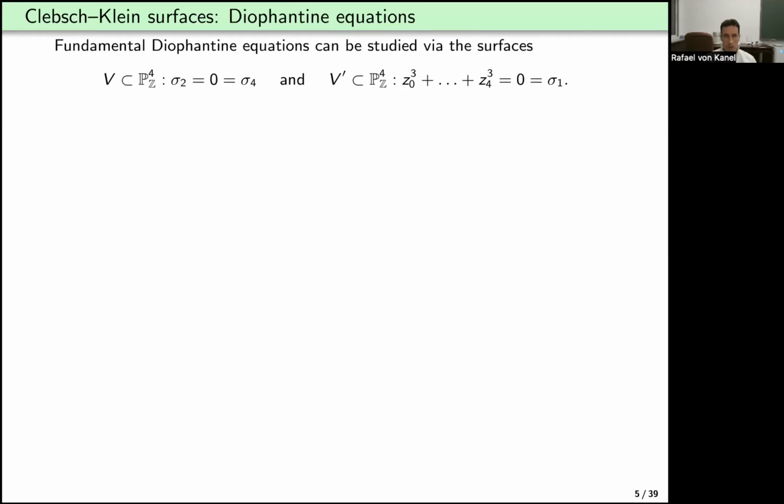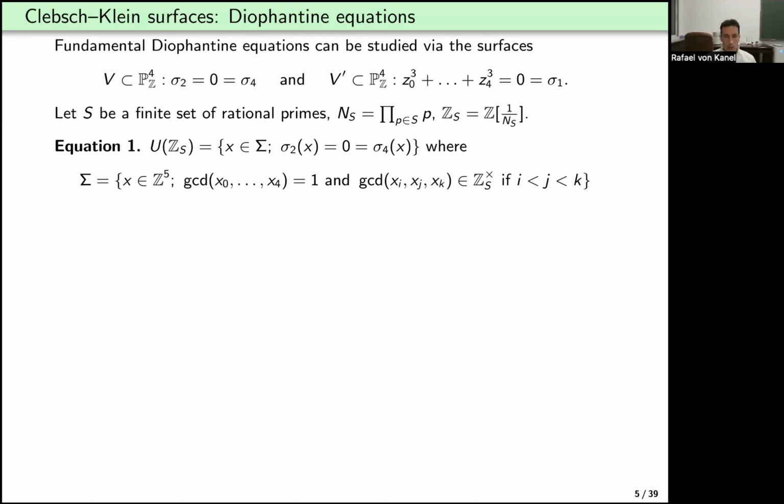Now I would like to discuss some Diophantine equations related to these surfaces. For this, I let S be a finite set of rational primes. I let NS be the product of all primes in S, and ZS is the ring of S-integers inside Q. Then I look at the following equation 1: U of ZS is the set of solutions x in Sigma with sigma 2 of x equals 0 equals sigma 4 of x, and Sigma is the set of x in Z to the 5 such that the coordinates are coprime, and each three distinct coordinates of x have GCD an S-unit.